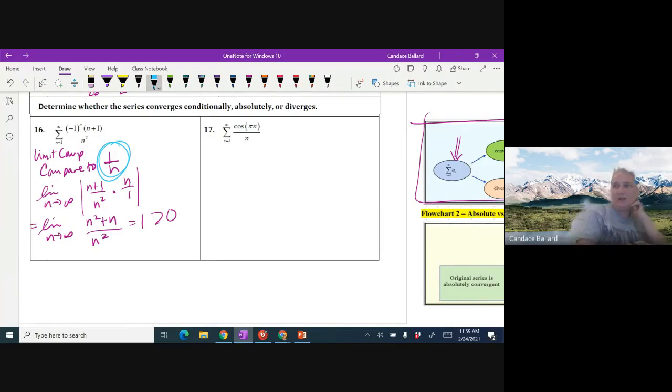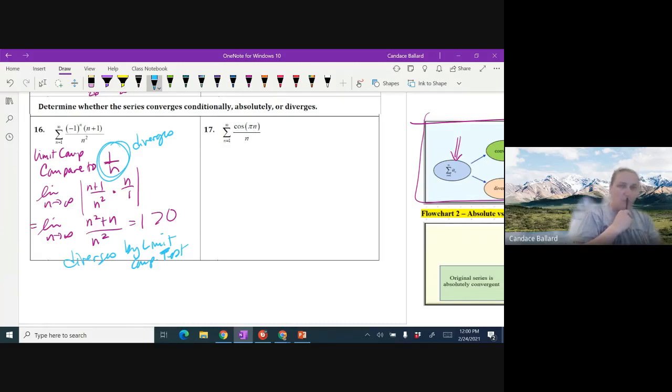It's the p series with p equal to 1, or the harmonic series, so it diverges. That means that this one also diverges. So we found that it diverges by the limit comparison test.